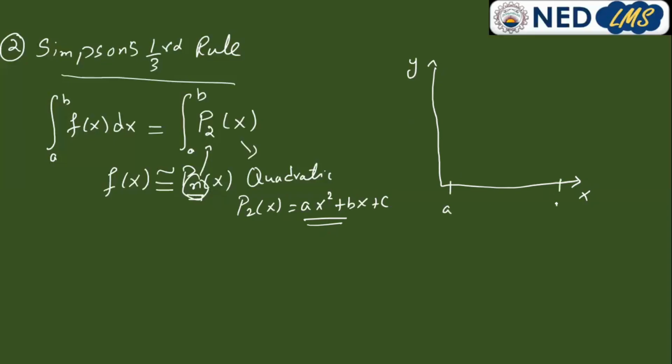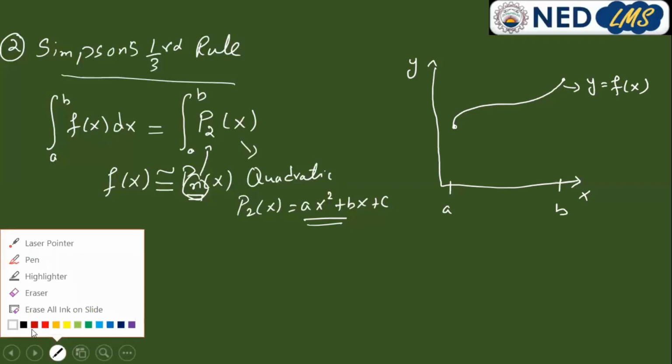For example, if this is the domain a to b and this is our integrand, I usually draw it like that. This is the graph of the function f of x. We cannot integrate it directly, but we can plot it. So the concept says that rather than using that function to find the answer, you have to replace it by another polynomial of suitable degree.